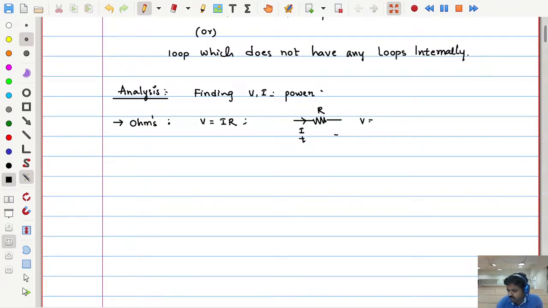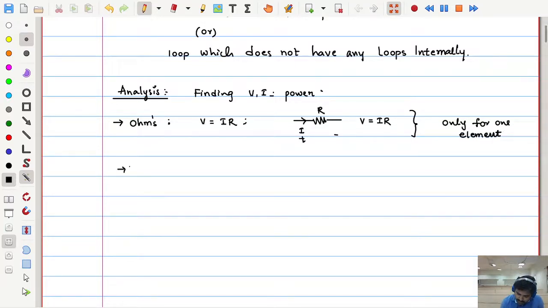Out of these three parameters, if two are given, we can find the third. The limitation is that this is applied only for one element.